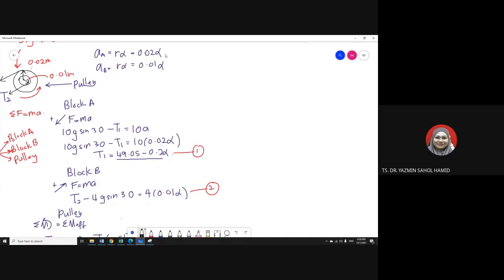In case there's an additional question, find the acceleration of block A, all you need to do is 0.2 multiplied by the alpha that you have calculated, and then you will get the answer, in meter per second squared. Again, if they ask you to find the acceleration of block B, it will be 0.2 times alpha, which is 3.85. Okay, you'll get the answer. In case this is an additional question.